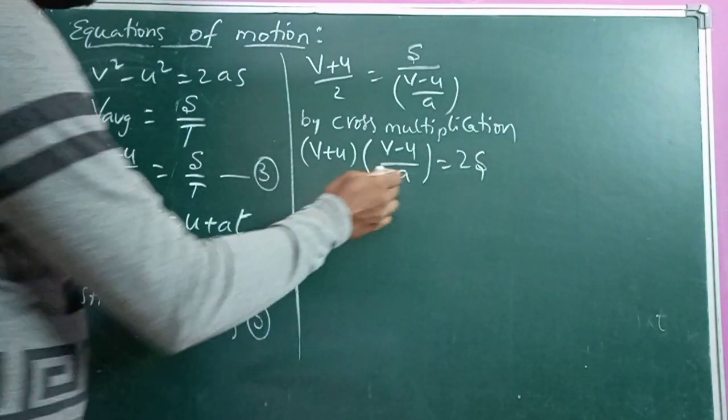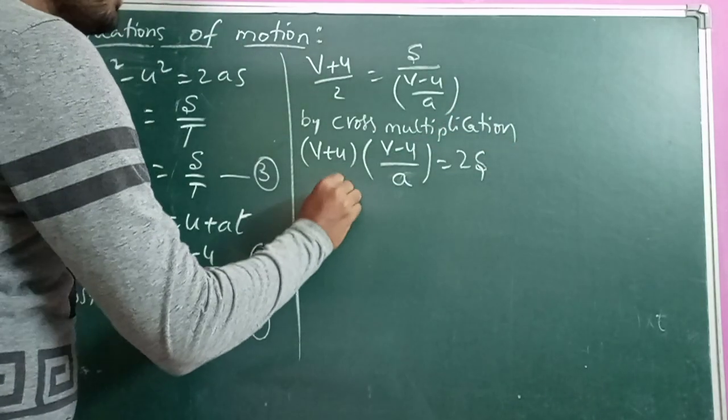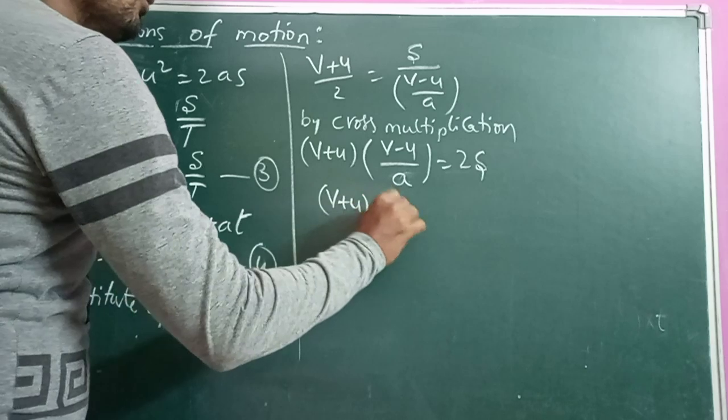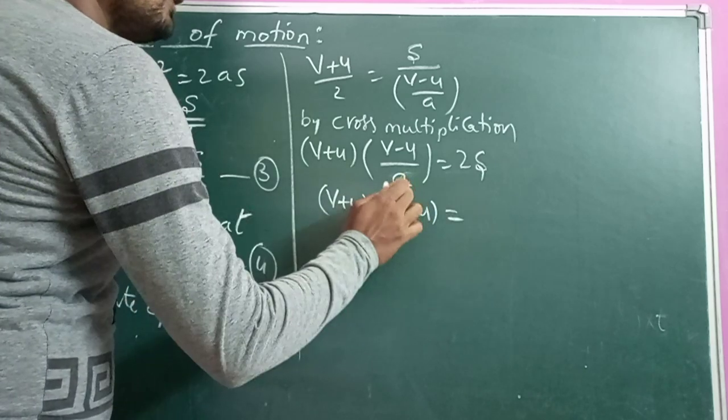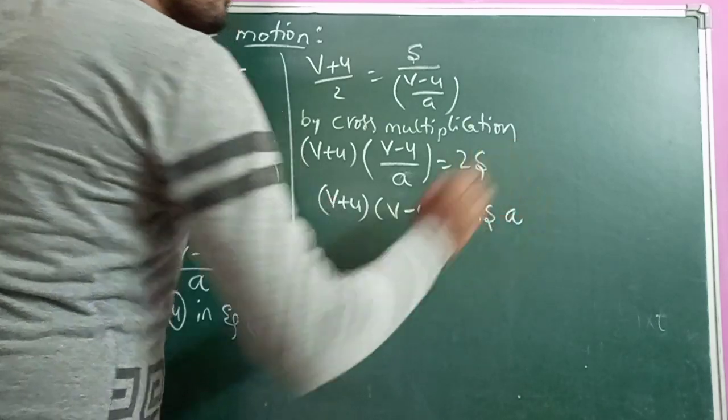And also here a is in the denominator, send this to that side. That becomes (v plus u) into (v minus u) is equal to 2 into s into a.